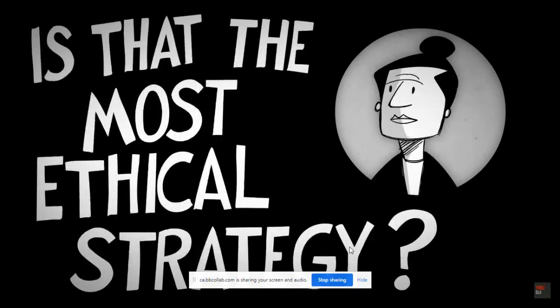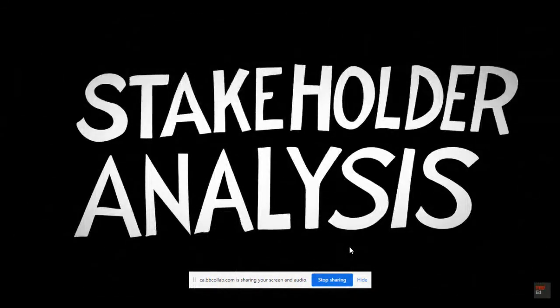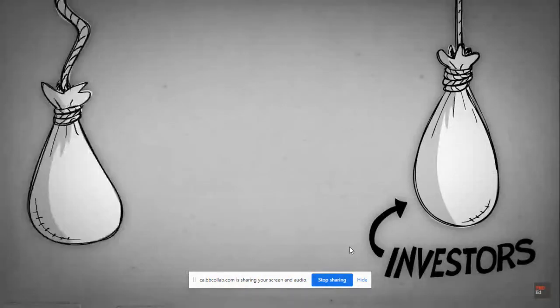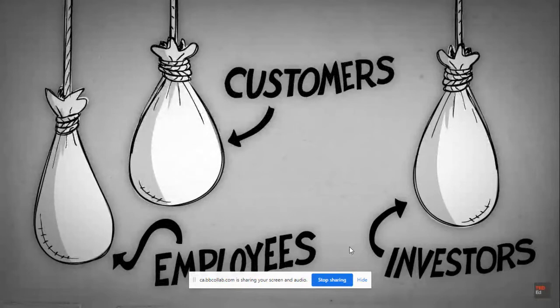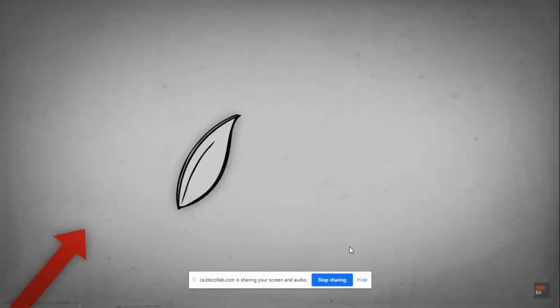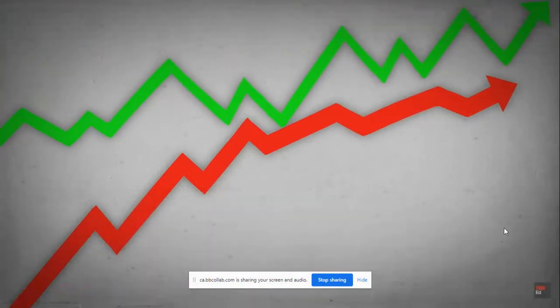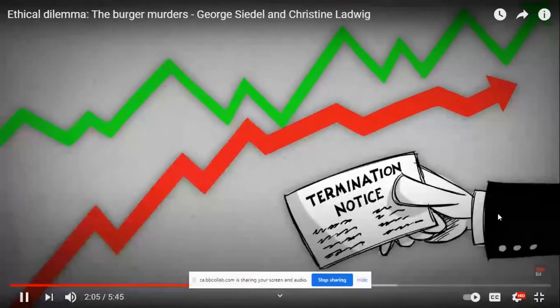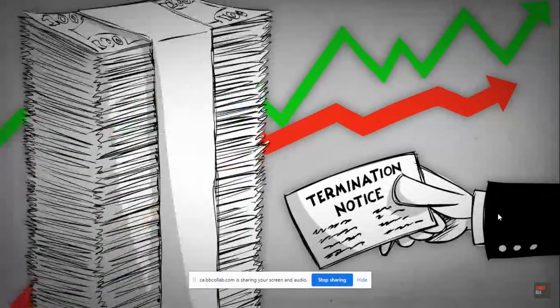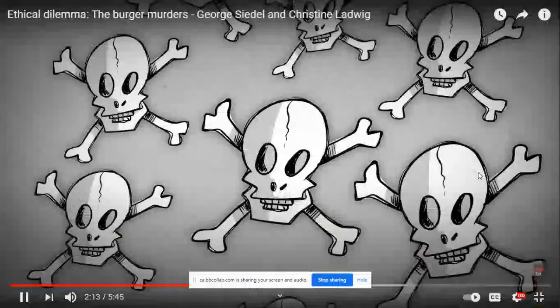To gauge the ethicality of each choice, you could perform a stakeholder analysis. This would allow you to weigh the interests of some key stakeholders, investors, employees, and customers against one another. With the first option, your advisors project that the crisis will eventually blow over. Sales will then improve, but probably stay below prior levels because of damage to the brand. As a result, you'll have to lay off some employees, and investors will suffer minor losses. But more customers could die if the killer poisoned packages elsewhere.